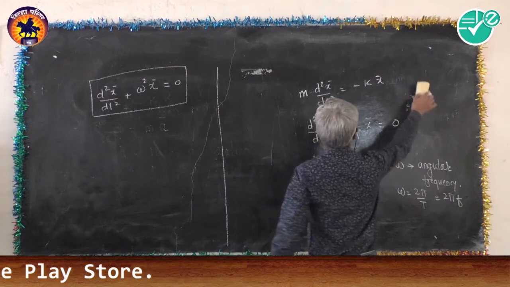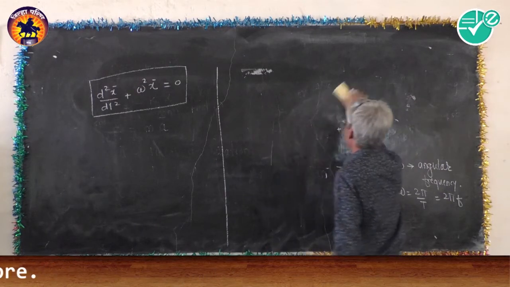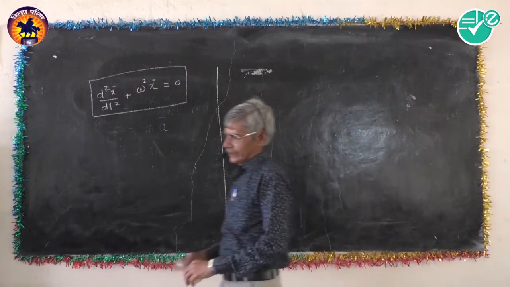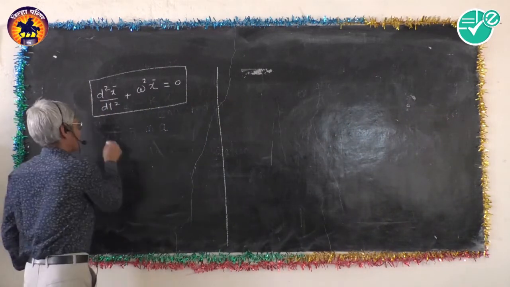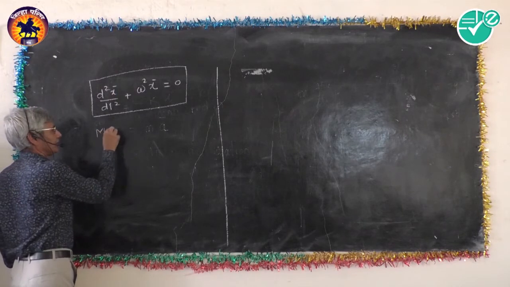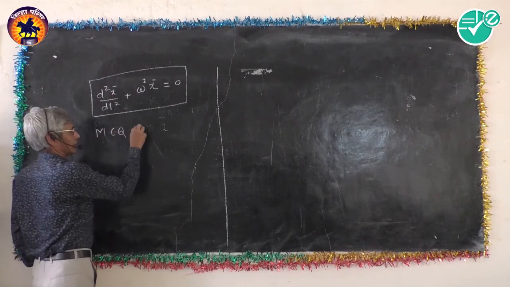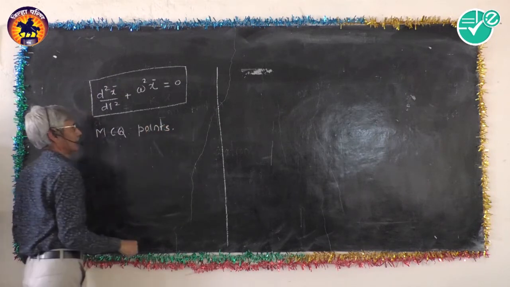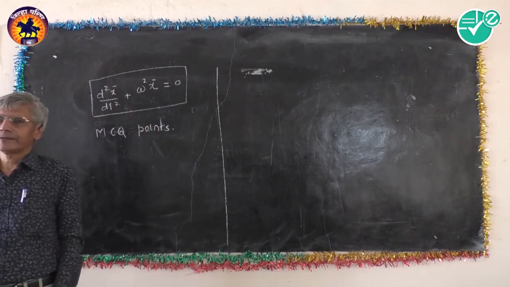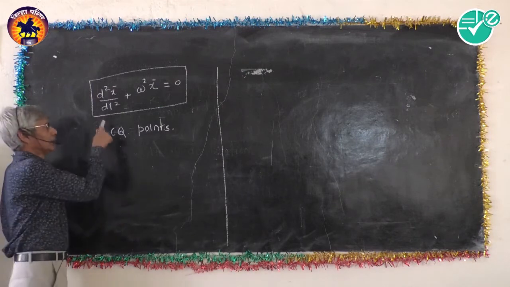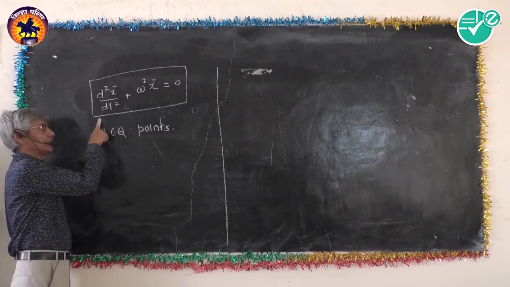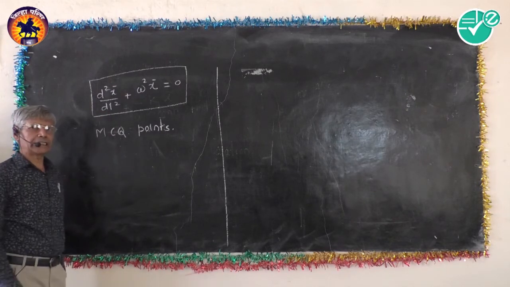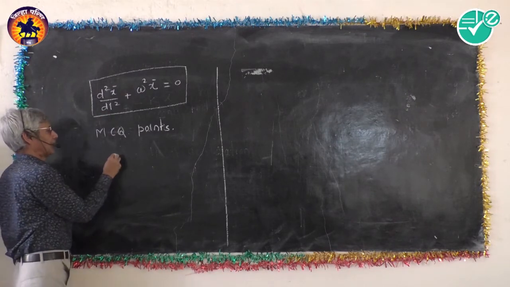Now we will discuss the MCQ points of this differential equation. In this differential equation, d2x by dt2 represents the linear acceleration, which is represented by a.